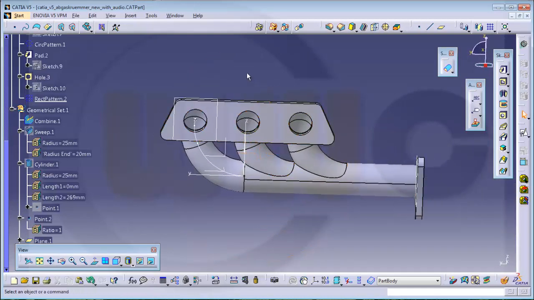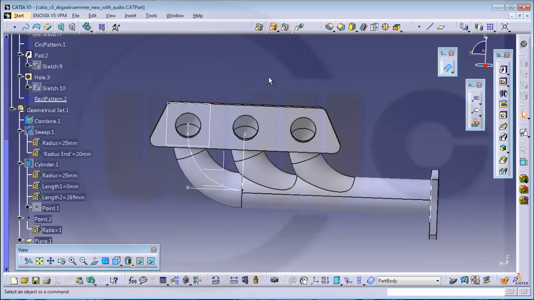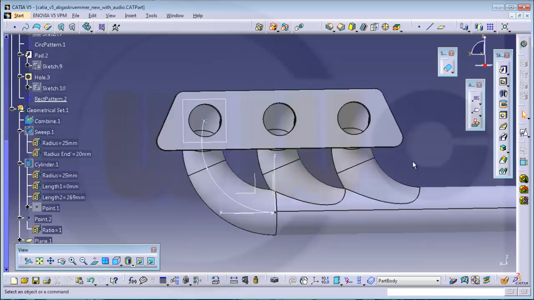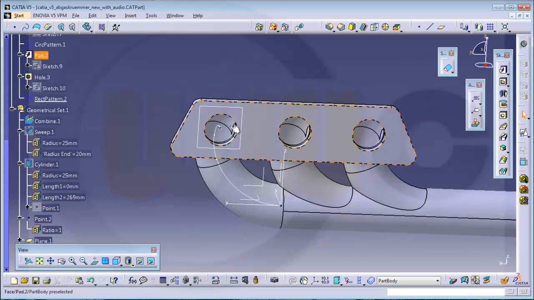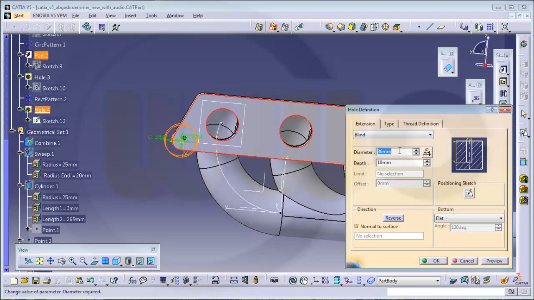What's missing next are some holes here. So first I need a hole which I could pattern. Therefore I will go to this edge, make a hole on that face.